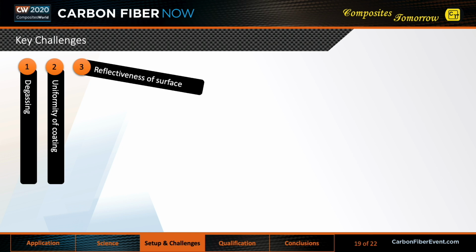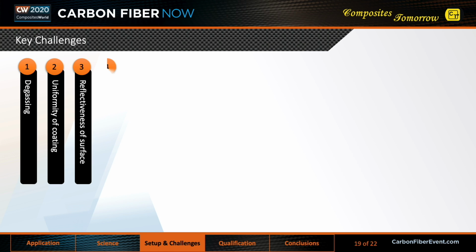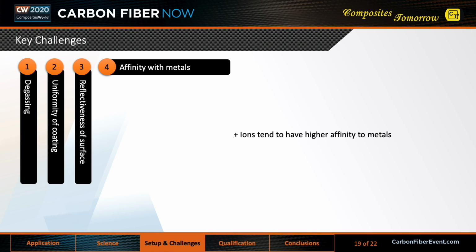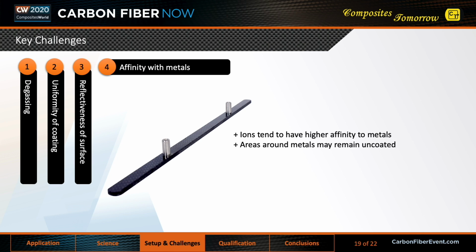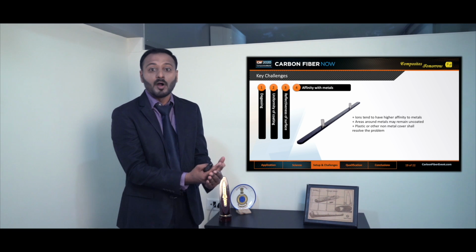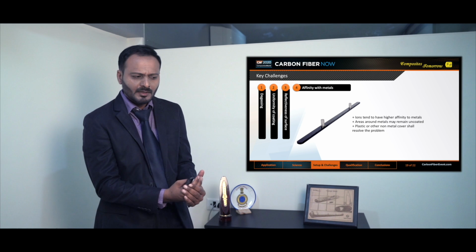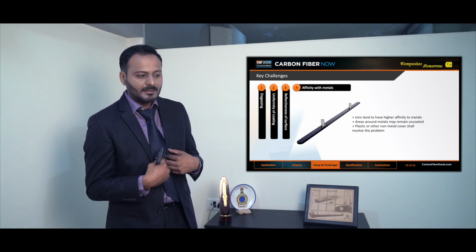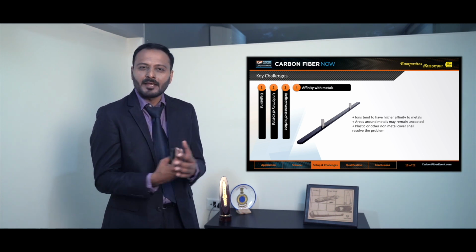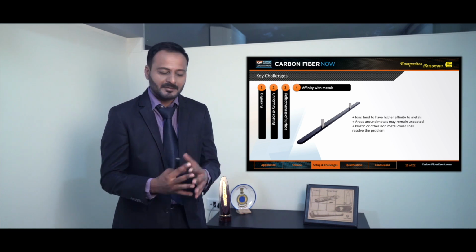Well, certain other difficulty that one might face is affinity with metals. Seldom we want to coat a composite that has either a metallic insert or it has a co-bonded product with metal. And metal has this uncanny way of romancing with ions.